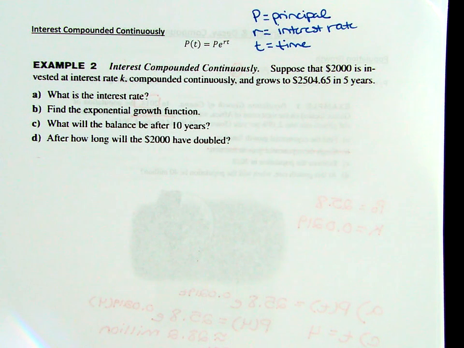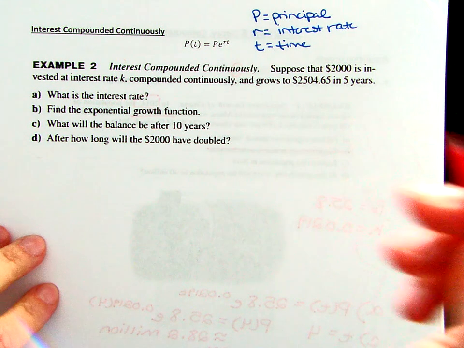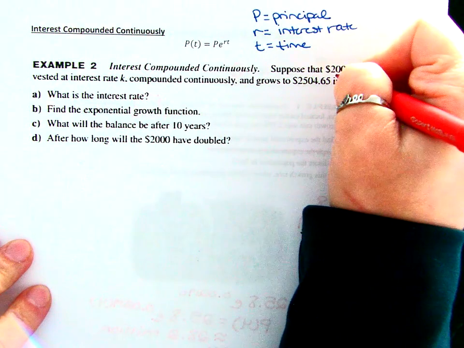Okay. Compound interest. Suppose that $2,000 is invested at an interest rate of K, compounded continuously, and grows to $2,504.65 in 5 years' time. Okay. That's a lot of information. So we know that our initial investment is $2,000.